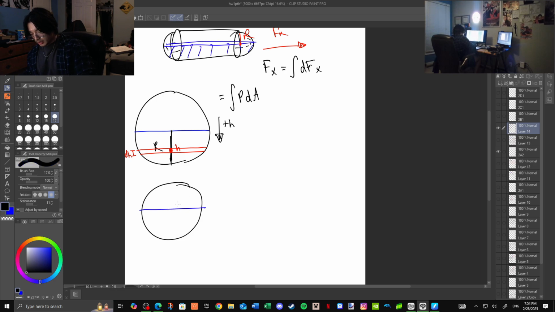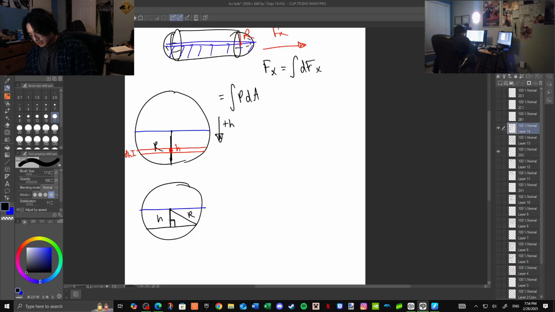This is the fluid, and so we're taking a measurement of h, so whatever depth we're at, right? We need to find this bottom piece in order to find dA. So at a depth of h, to find the bottom length, we can take the radius and extend it to the outer part of the circle.